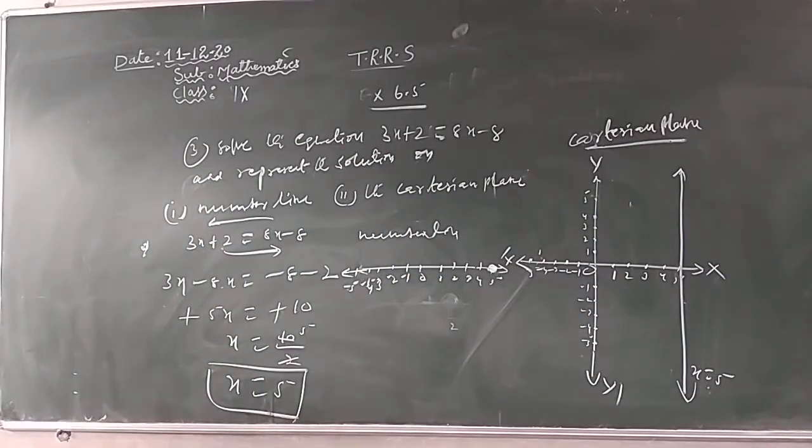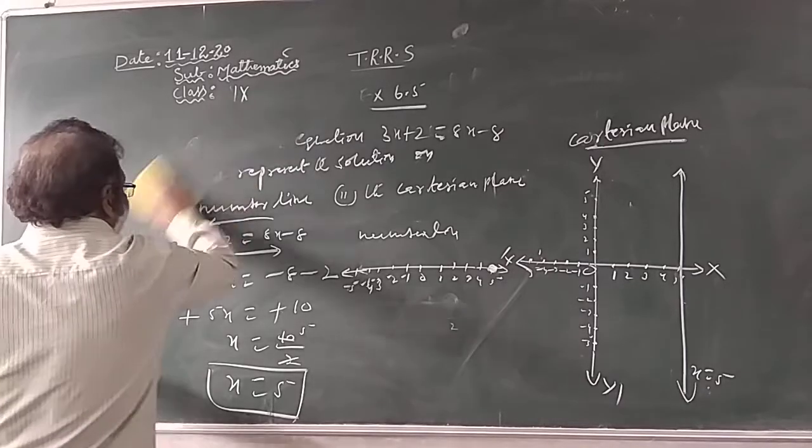Okay. Next, fourth question. Write the equation of the line parallel to x axis and passing through the point 0, minus 3. I will explain the first bit, and you can do the rest of the problems. You learn. Okay, I erase this.